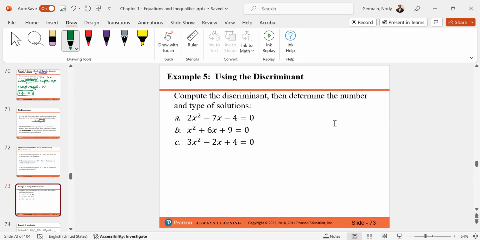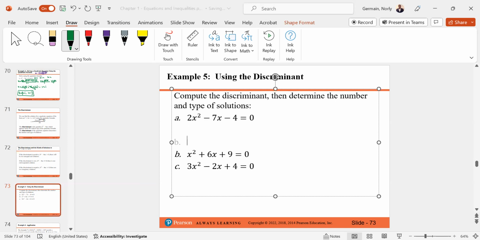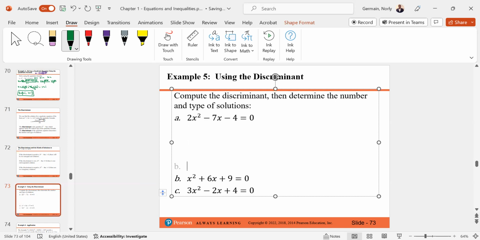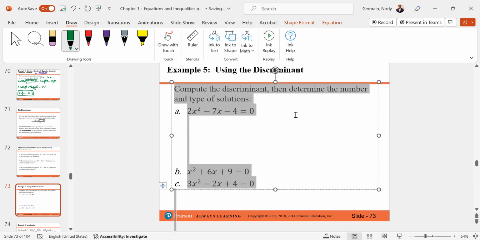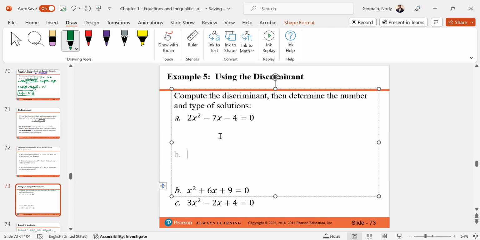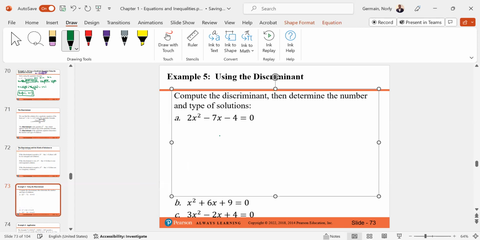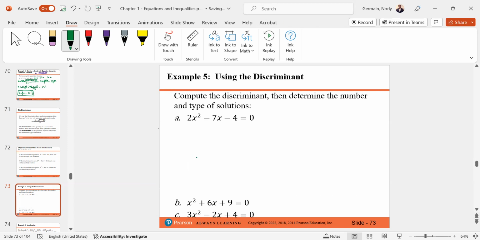If you look at A, I'm going to make space and solve like we do with the other ones. First of all, to solve these equations using the quadratic formula, we need to identify what is a, what is b, and what is c.